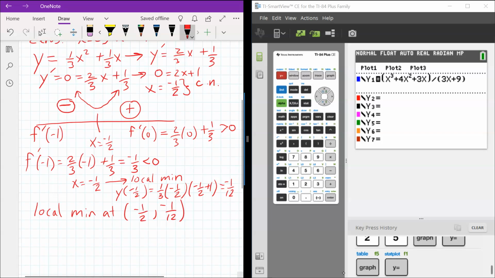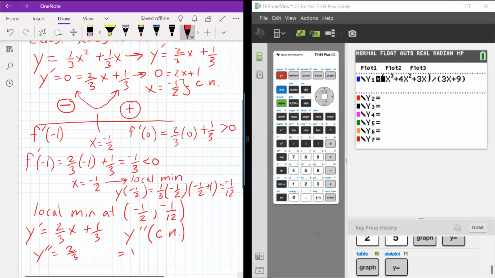Now that was using the first derivative test, which is effective, but maybe that takes too long for us. Well, we can use the second derivative test. So I'm going to rewrite the first derivative. We got 2/3 x plus 1/3. And taking one more derivative is easy enough to do. It's 2/3. So what you do is you take the second derivative and evaluate it at the critical number.